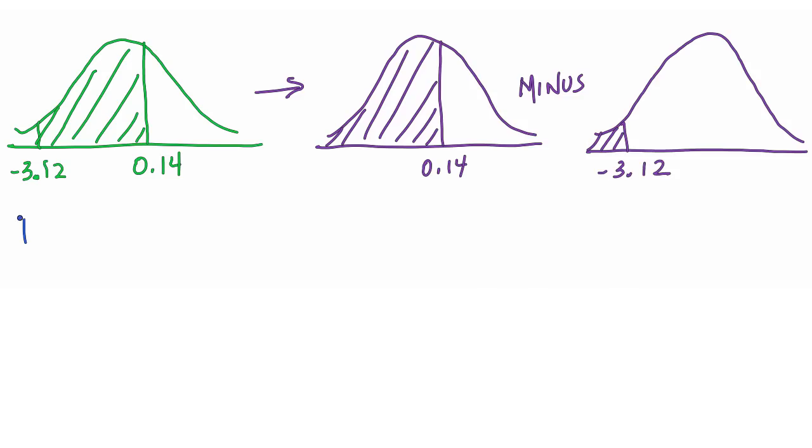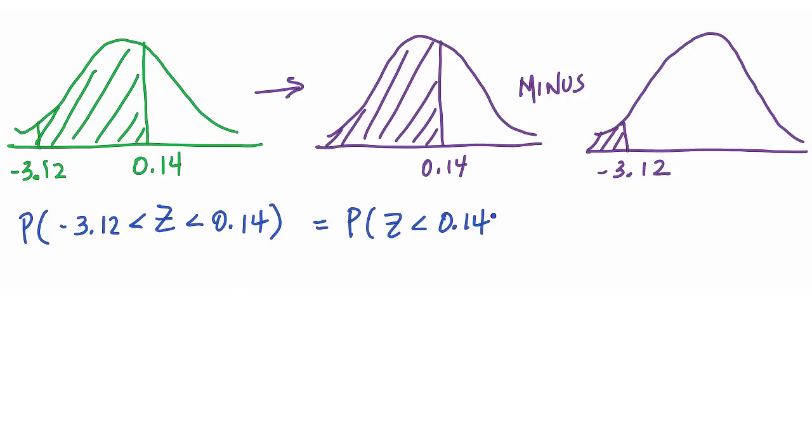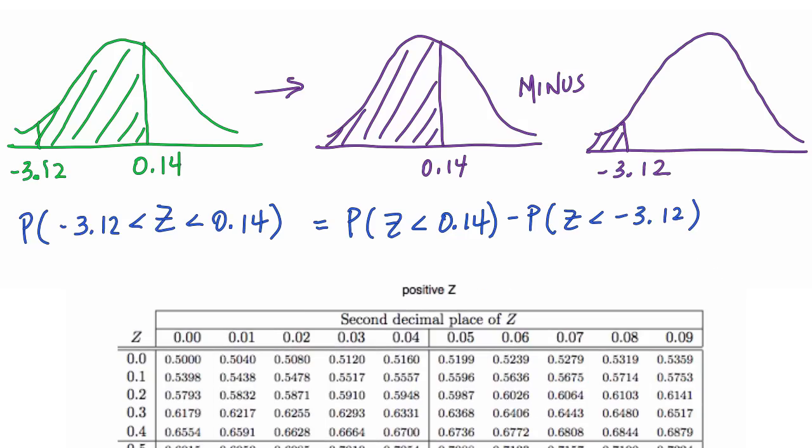That is, the probability for a standard normal distribution of being in between negative 3.12 and 0.14 is the probability of being less than 0.14 minus the probability of being less than negative 3.12. And from the positive z page of the normal table, we get the probability that z is less than 0.14 is 0.5557.